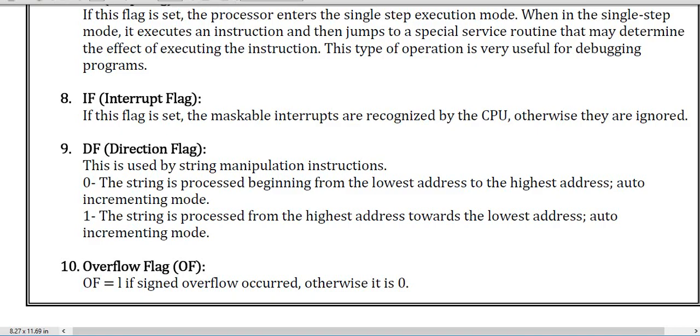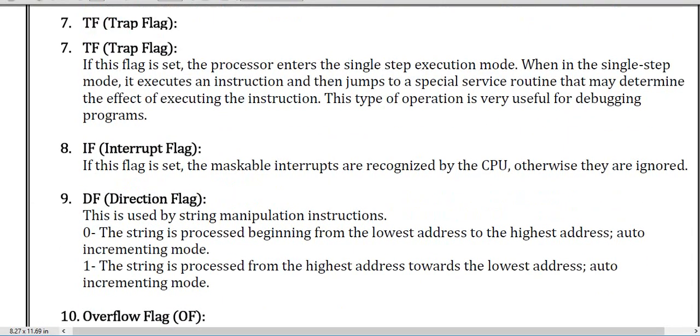If the string is to be processed from the highest address to the lowest address, then the direction flag is set to 1. You can easily understand by going through these two lines. Now the overflow flag. The overflow flag will be 1 if a signed overflow occurs, otherwise it will be 0.